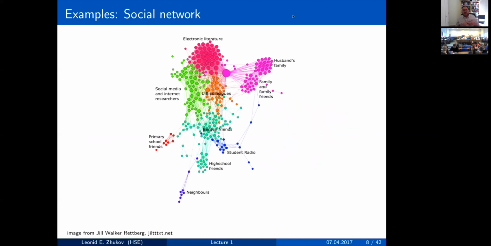So without further ado, let's just look at a few networks, and that should give you an understanding of what we're going to be doing. This is a very simple visualization of a social network, actually the Facebook network of a particular person. By the way, while we're looking at this visualization, also keep in mind that this is a learning process.